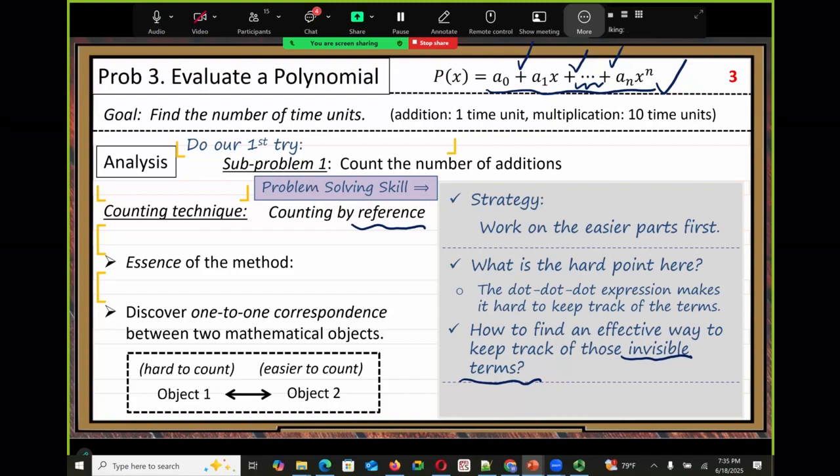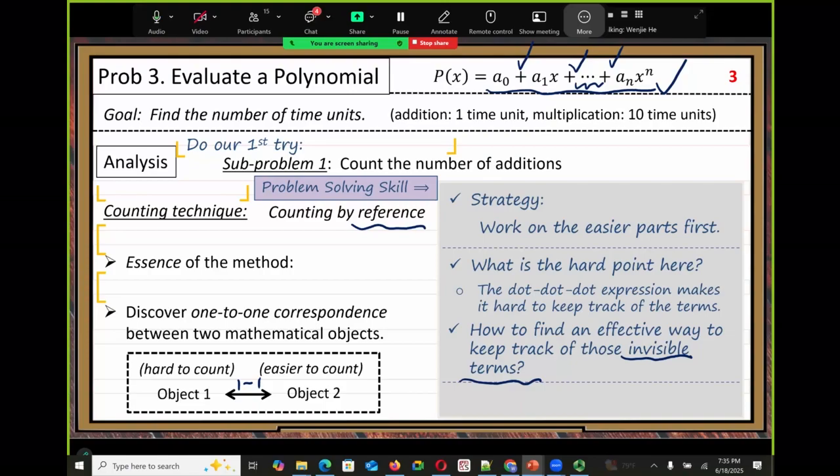Since their relationship is a one-to-one correspondence, the number of object 1 should equal the number of object 2, the same number. But counting object 2 is much easier, so you can use that counting number for object 1. That's the basic idea.